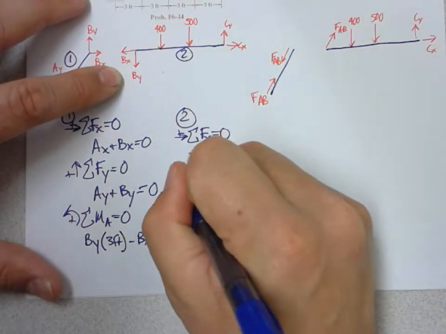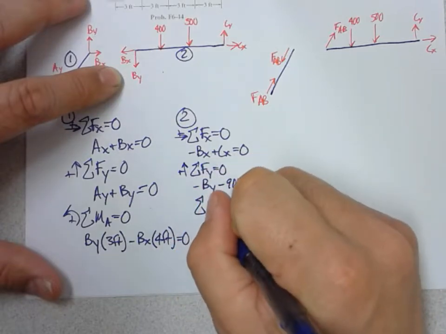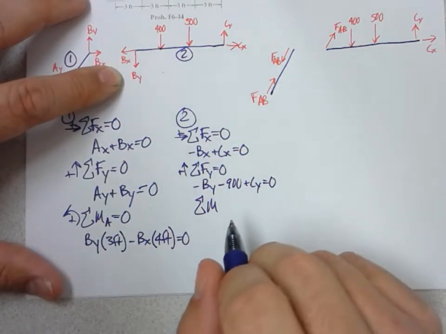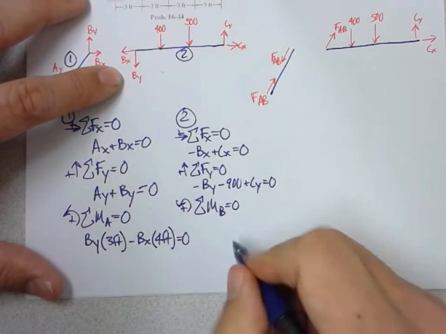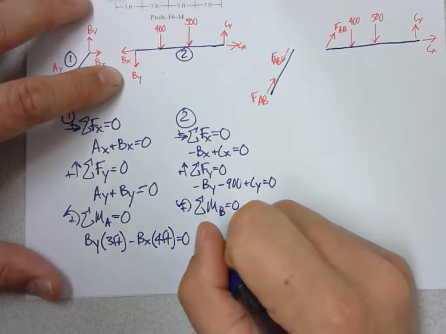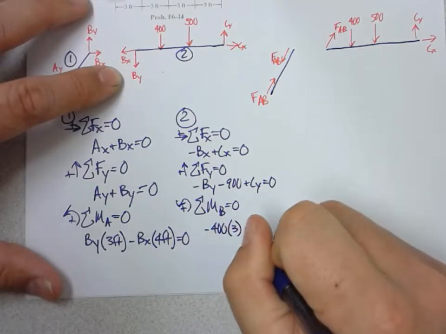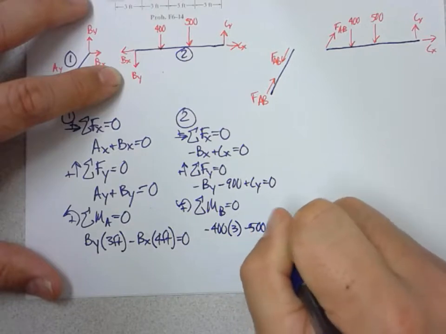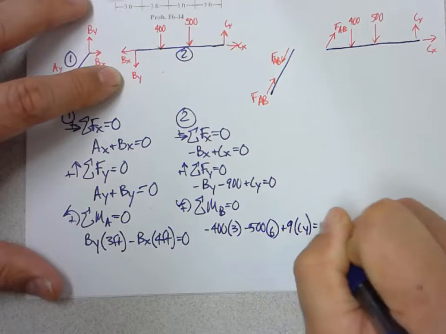Up is positive. And then I'm going to sum the moments about a point. We could choose B or C, doesn't really matter. Let's choose B equals 0. Counterclockwise, I will have negative 400 times 3 minus 500 times 6 plus 9 times CY equals 0.